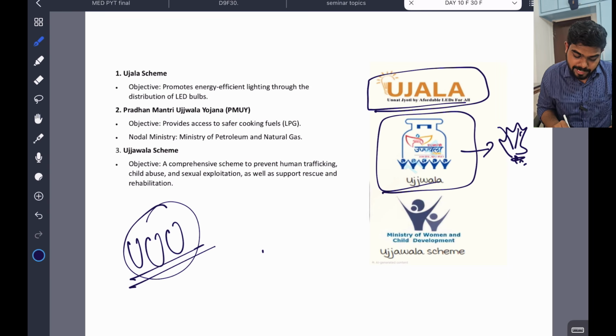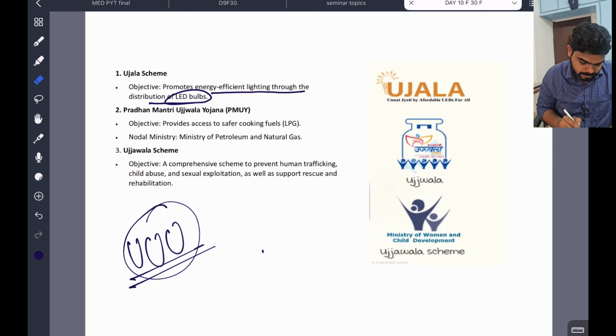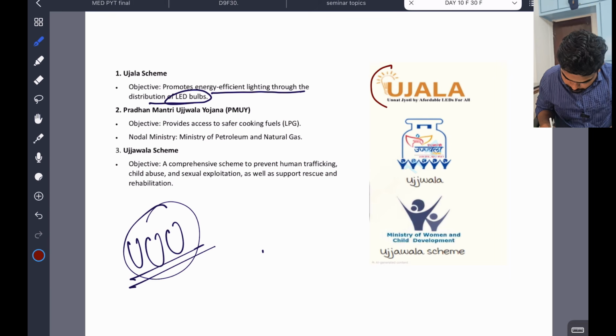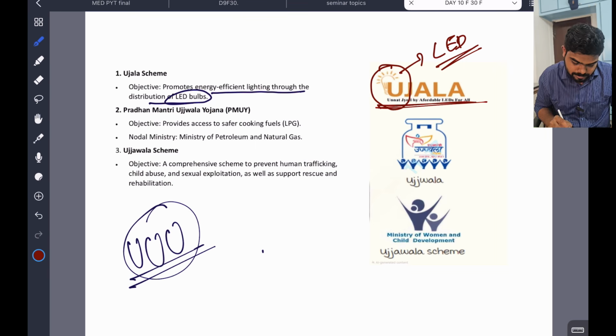It promotes energy efficient lighting through distribution of LED lights. You can see a light bulb here. It promotes LED bulbs to save energy, so energy efficient lighting through LED bulbs. Ujala. Clear?